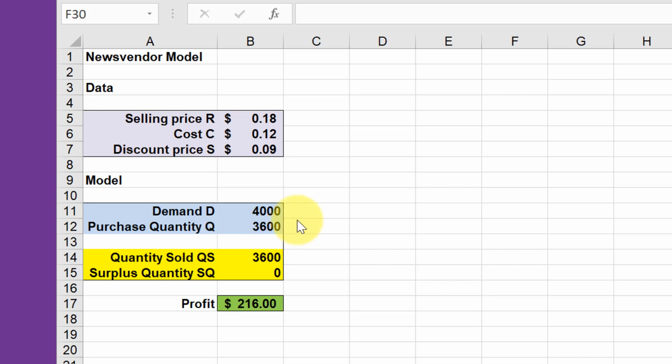There's some uncertainty in how much the demand is going to be. The purchase quantity, he can decide what that is, but he doesn't know what the outcome of those decisions are going to be, unless he just assumes that these things are not going to change. The yellow areas are the outputs of those decisions, and of course the thing he's aiming for is the profit.